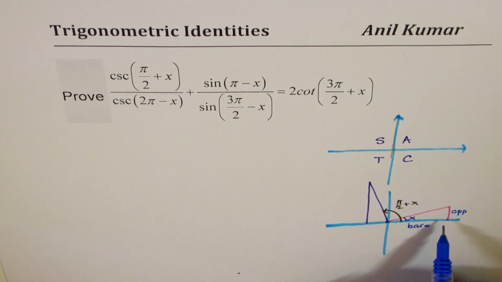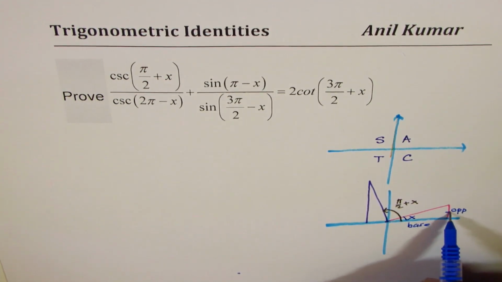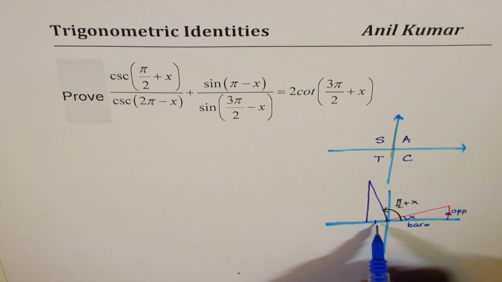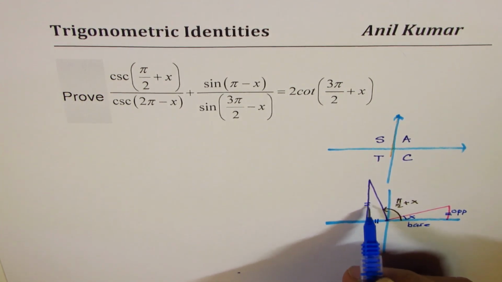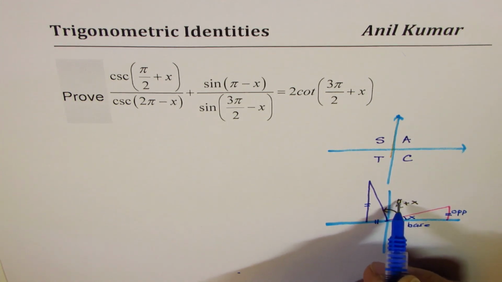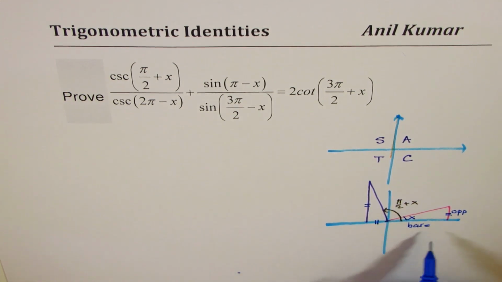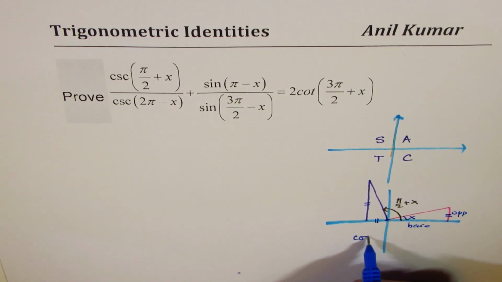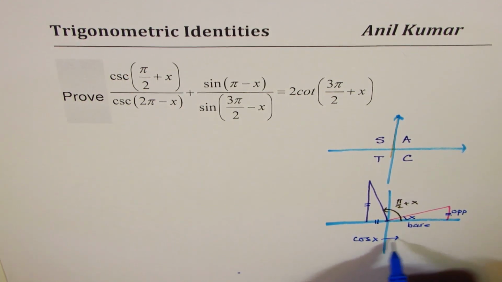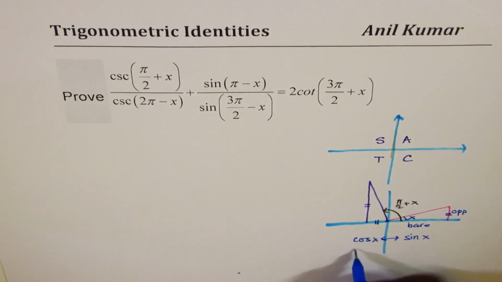So what really happens is that this opposite side becomes equal to the base. Do you see that? And the base becomes the opposite side when we are talking about pi by 2 plus x. So in that situation, what happens is that cos becomes sin x, or vice versa.